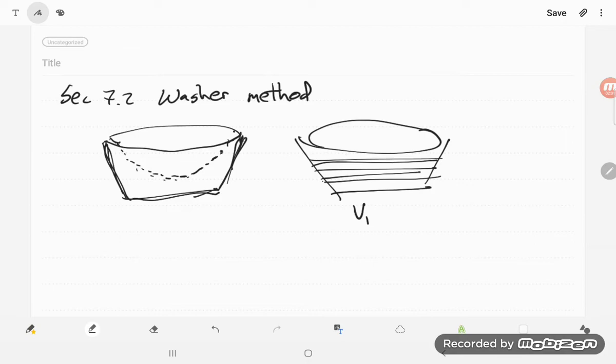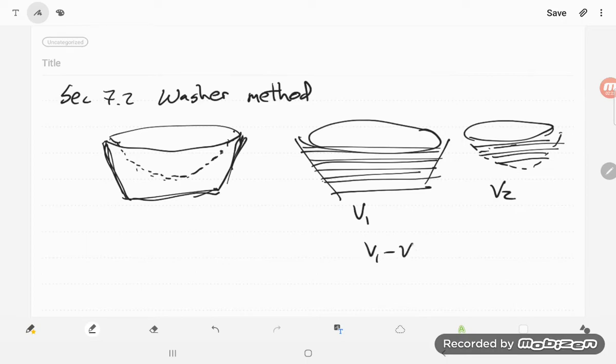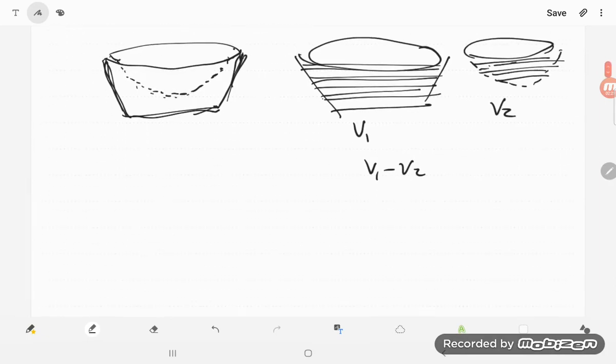I'd just come up with all these disks and add that up, and then the inside, that part, you could also cut up with disks, and there's volume 2. The volume of wood that's left after turning is just the volume 1 minus volume 2, which were both done with the disk method.